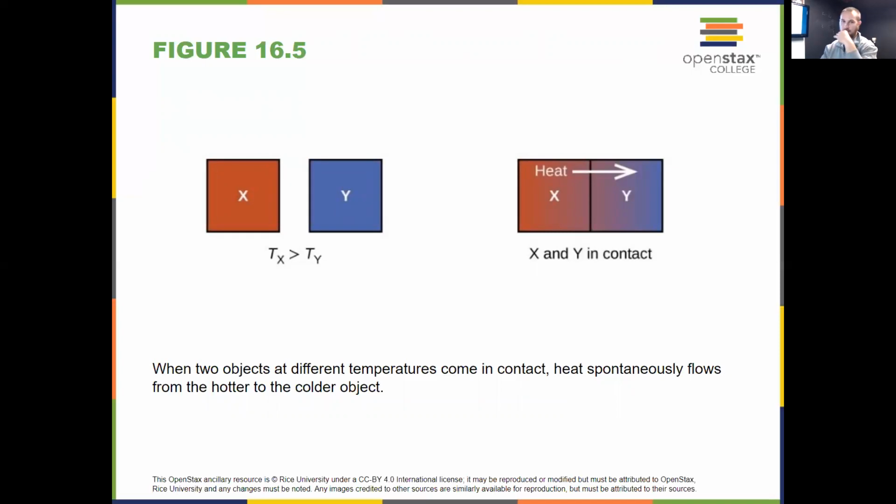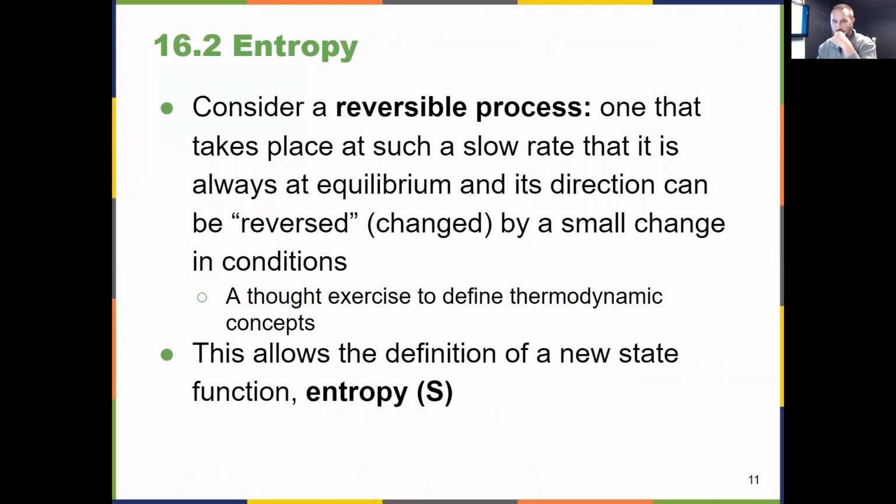And those ideas bring us to 16.2 in this discussion of entropy, building on these ideas we were just talking about. With the idea of entropy, we want to think about a reversible process. This is some sort of chemical or physical change that's taking place at an incredibly slow rate. Think about the sloth from Zootopia, slowly moving.